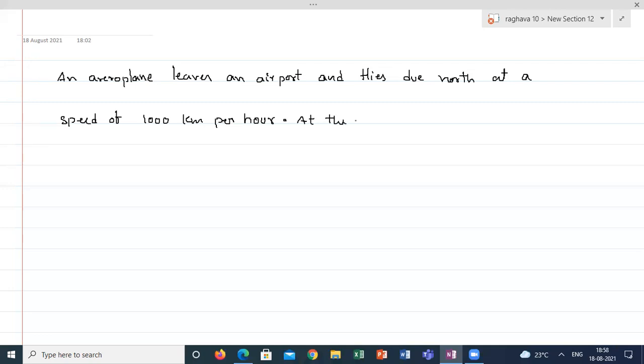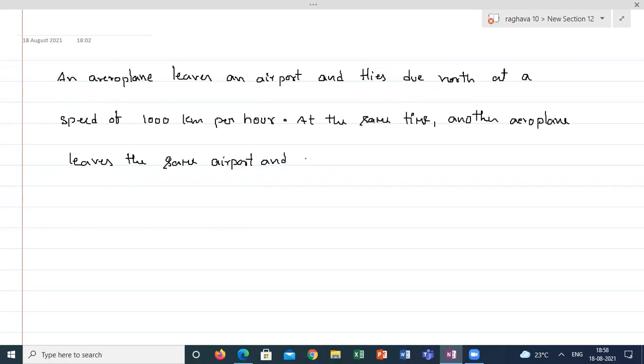At the same time, another aeroplane leaves the same airport and flies due west at a speed of 1200 km/h.